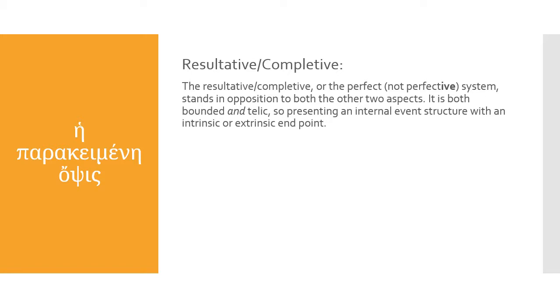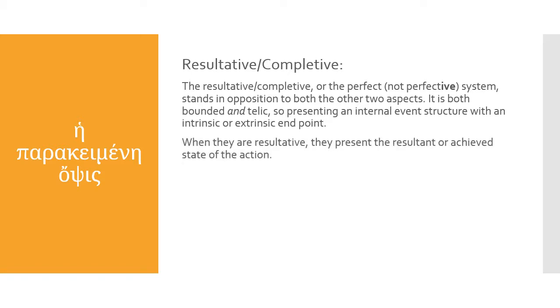There is an endpoint built into the action, and so the focus is on that endpoint. Either an endpoint intrinsic to the action, some actions naturally have an endpoint, or an extrinsic one, that is, some actions can have an endpoint added to them. We'll see a bit more of this when we get to examples.